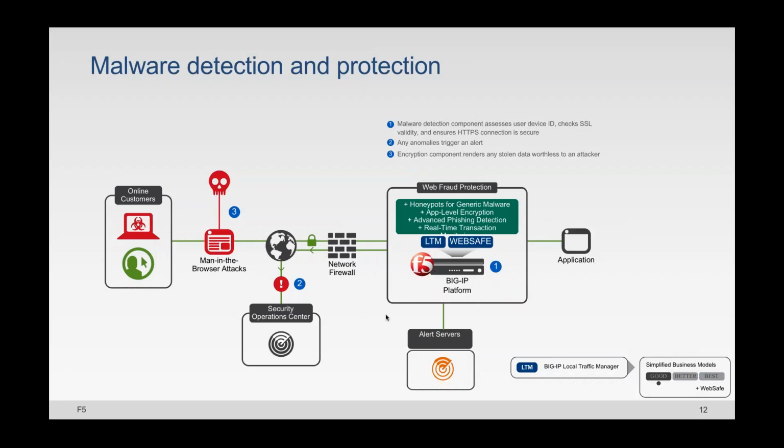So should I detect that there's malware present on a machine, as a simplistic example, what is within the session on the client will send an alert as part of the normal application response to the BIG-IP appliance. When the BIG-IP appliance receives it, it will forward it to the alert server.